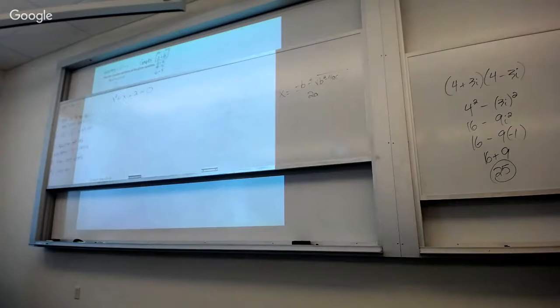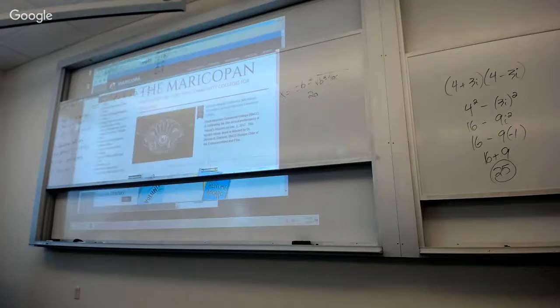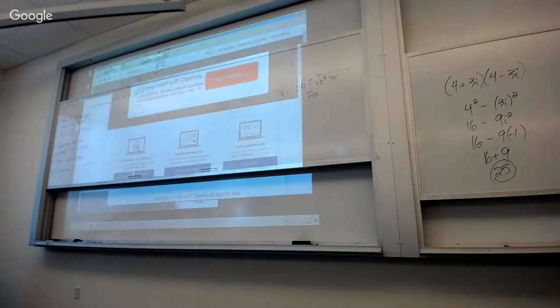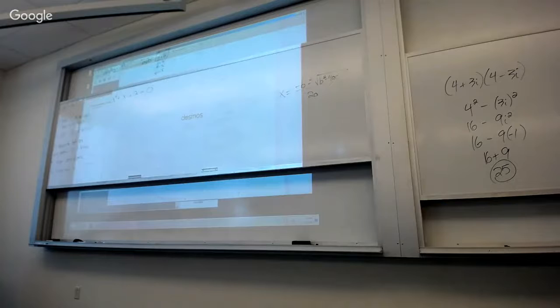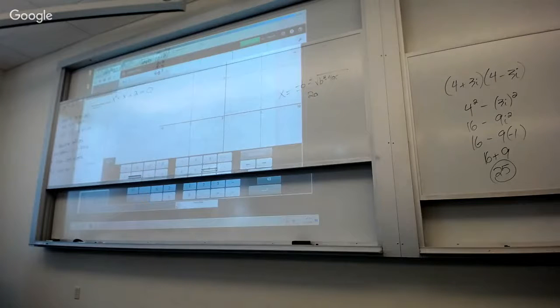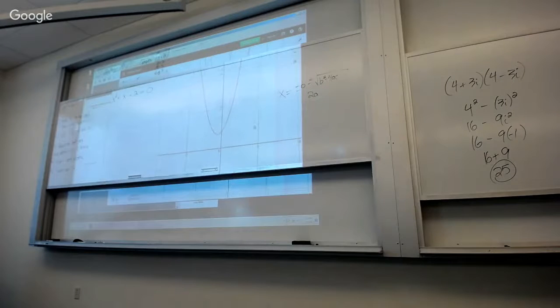If the answers are two imaginary answers, where is the parabola located? Remember we talked about the parabola. So there we go. Where is this parabola? It's floating above the x-axis. It doesn't actually touch the x-axis.